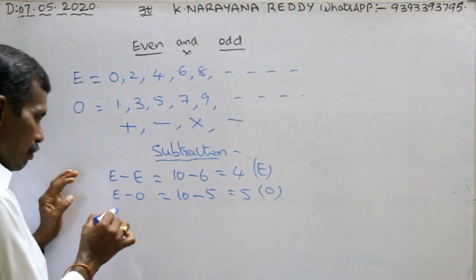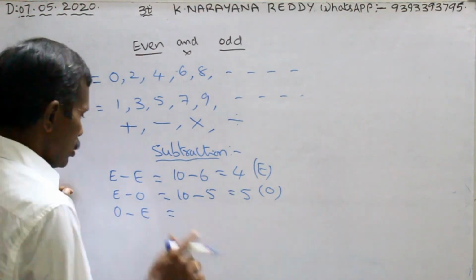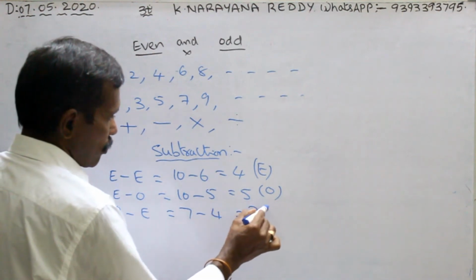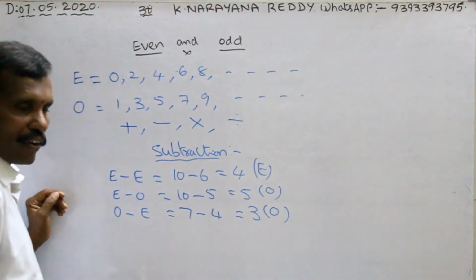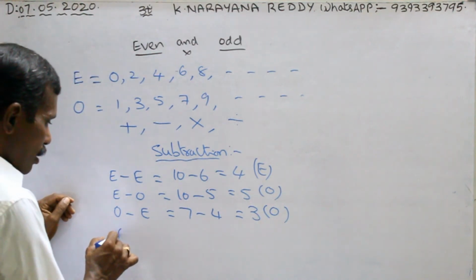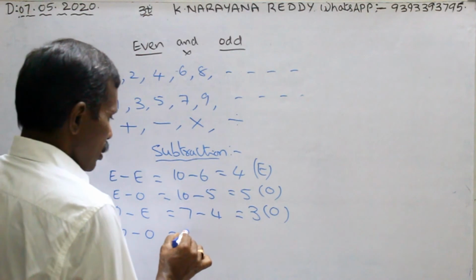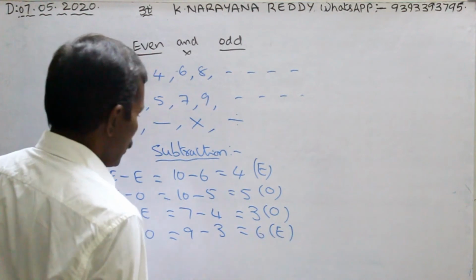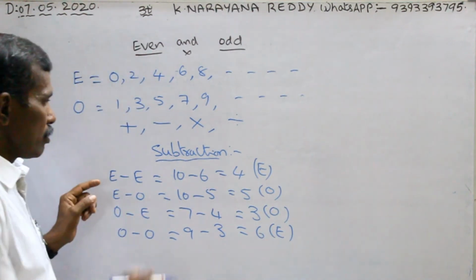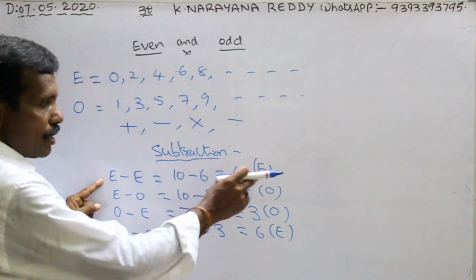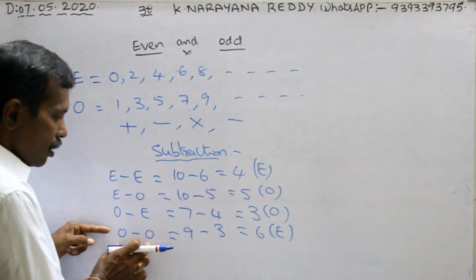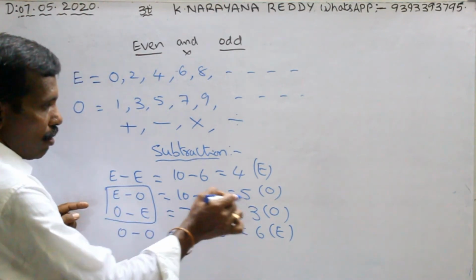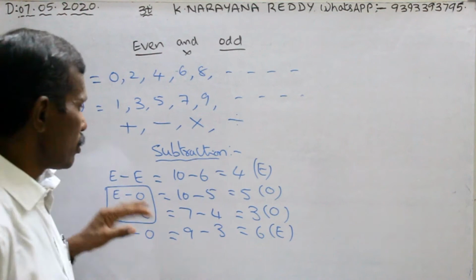In the same manner, odd minus even, 7 minus 4 is 3. That is odd. Odd minus odd, suppose 9 minus 3, that is 6, even. Please observe here. Whenever even and even are subtracted, we get even. Odd and odd subtracted, we get even. But these two cases get odd. That is the difference you have observed in subtraction.